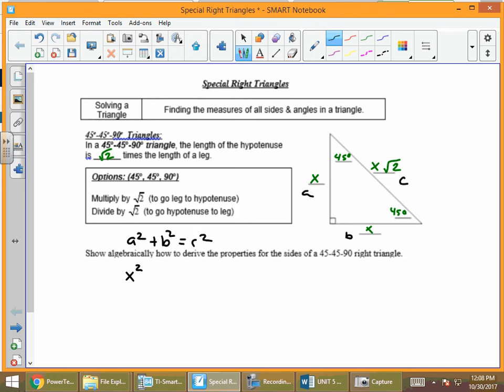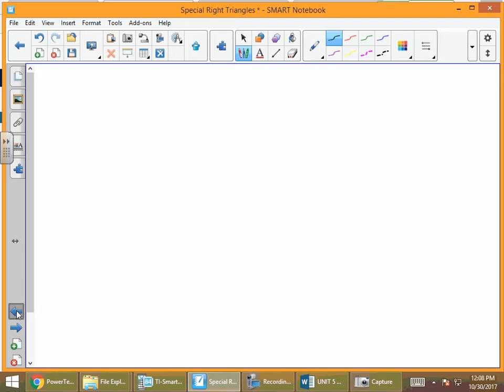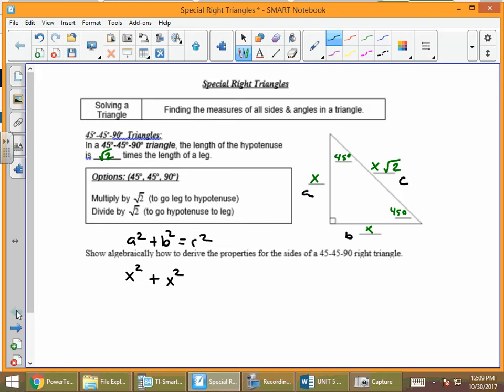We said our legs are x and x, so I'm doing x squared plus x squared equals, what's our c? x radical 2 squared. Okay? We get the same thing on both sides, and we know this works. Here we can't really simplify anything down, but what's x squared plus x squared? 2x squared.